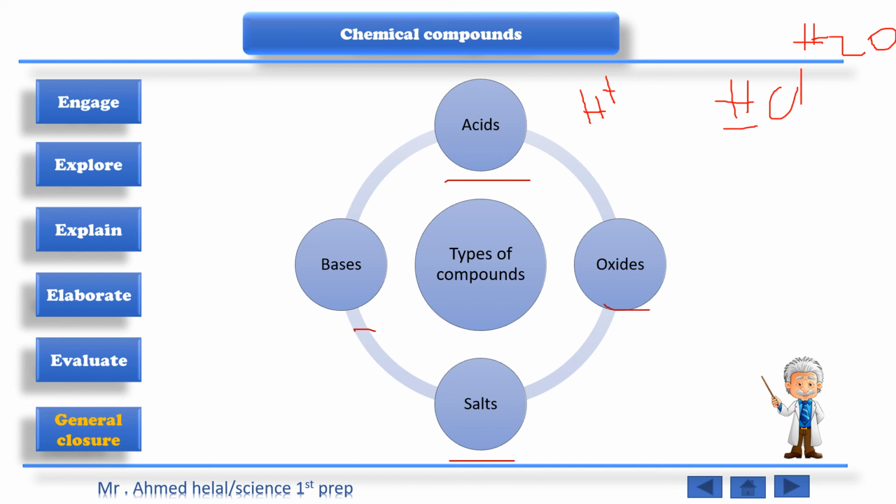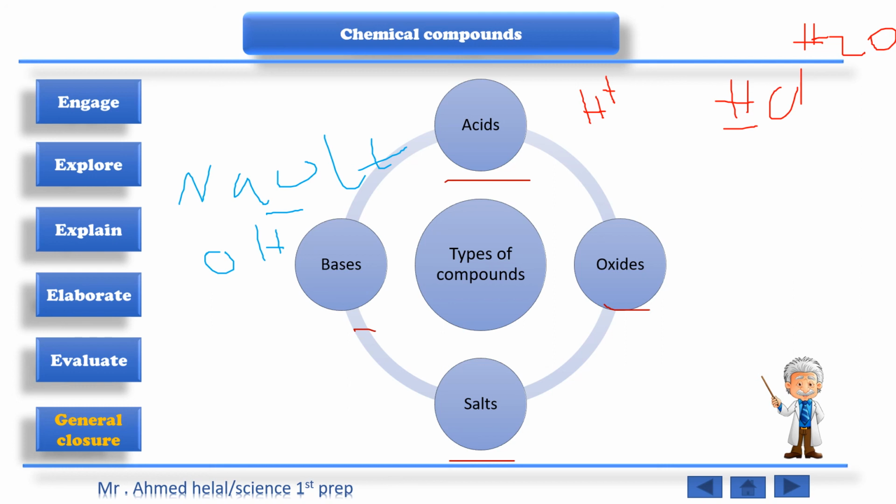And bases change the color of litmus paper from red to blue because of the presence of OH, negative hydroxide ions. So it ends with the negative hydroxide ions like NaOH.